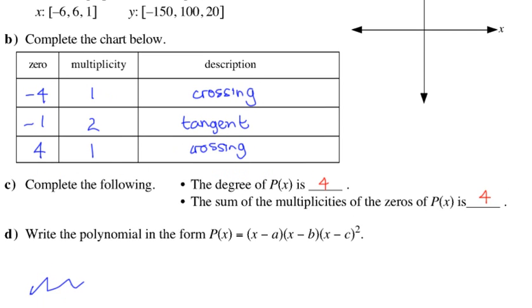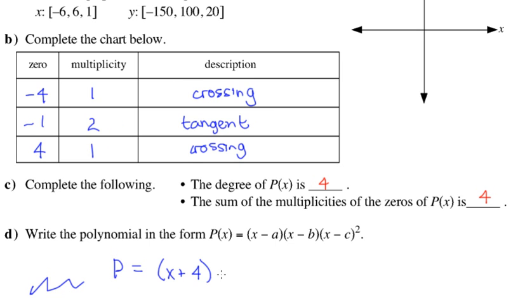And finally, if you had to write out this polynomial, we know that it has a 0 when x is negative 4, so that would be the factor x plus 4. And that's multiplicity 1, so you could put this to the first power if you wanted. I'm not going to.